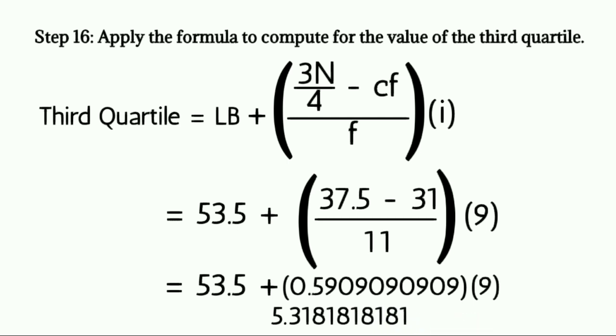The third quartile is equal to 53.5 plus 5.3181818181. That is equal to 58.8181818118, or equal to 58.82. If your answer has 3 or more decimal places, round it off to 2 decimal places.